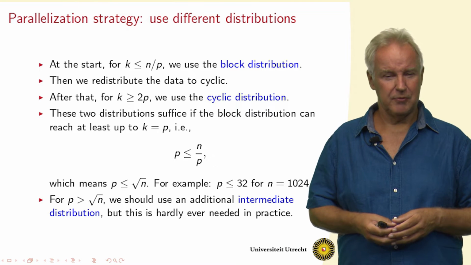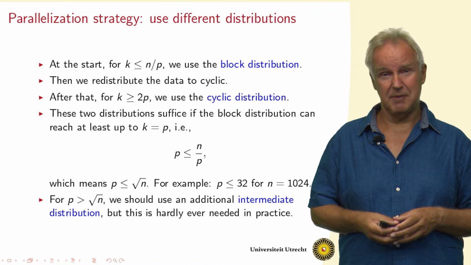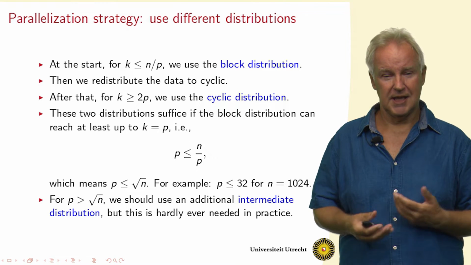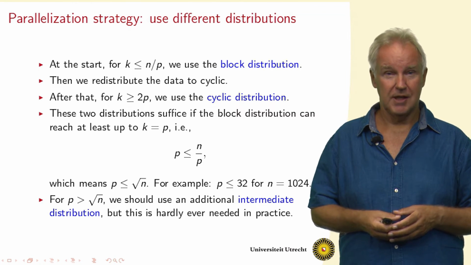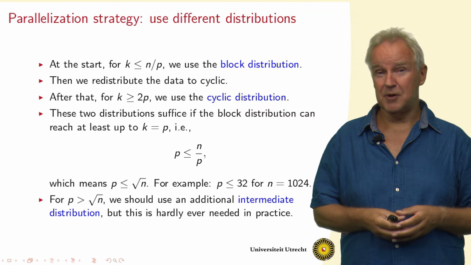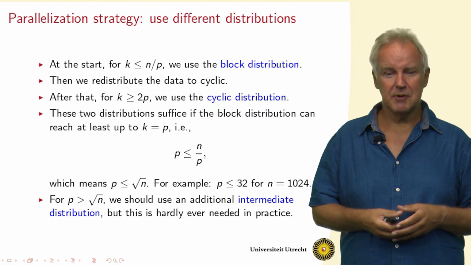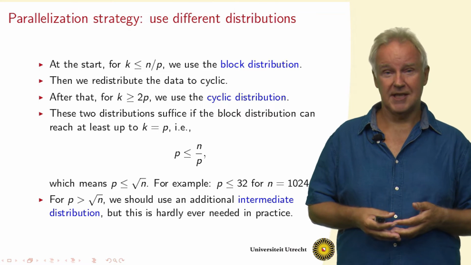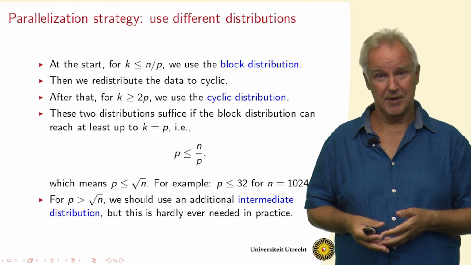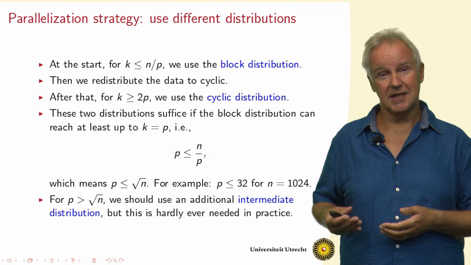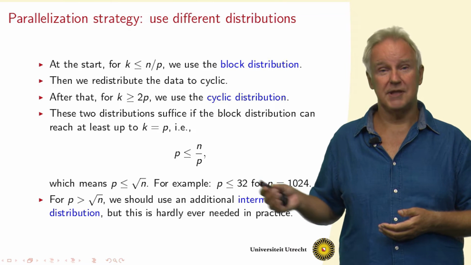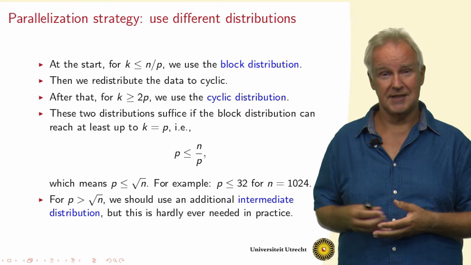So for k less than n divided by p, you use the block distribution, and then you move over. So will this always work? This will work if the block distribution reaches k equals p, because then the cyclic distribution can take over and continue from 2p onwards, 2p, 4p, etc.